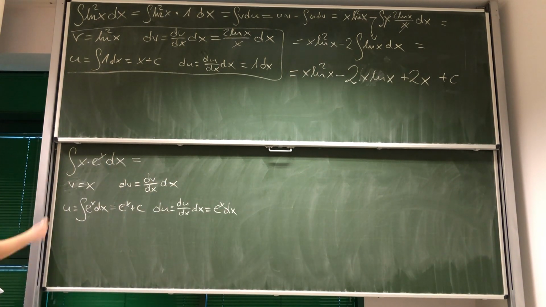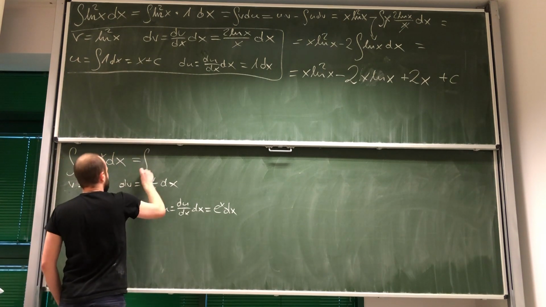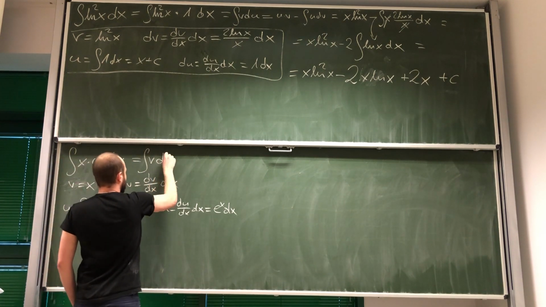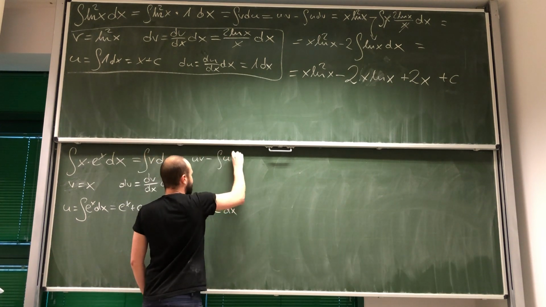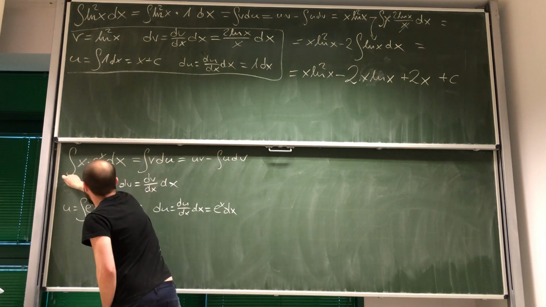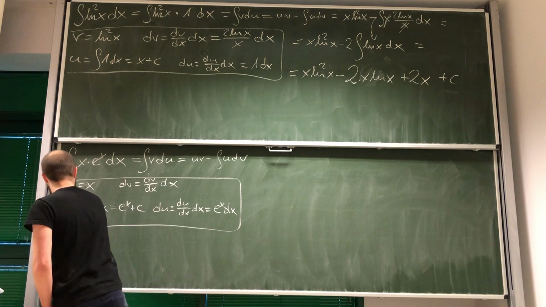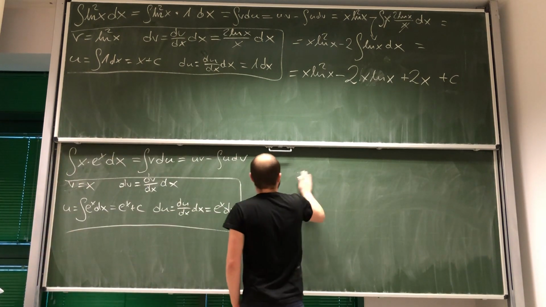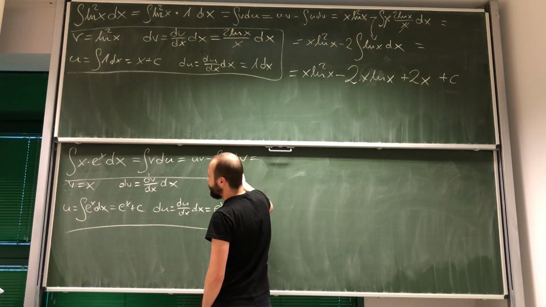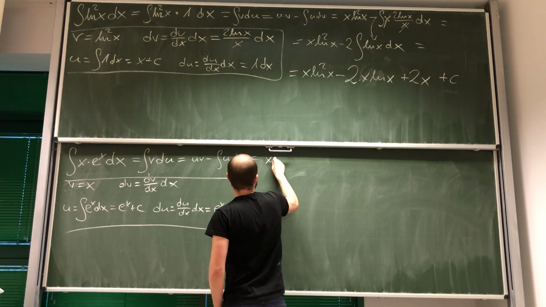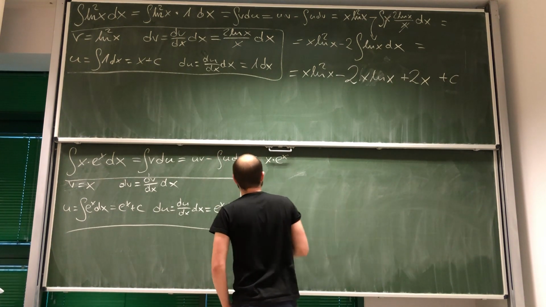Okay, so now we are ready to substitute. So we've got that this is integral v du, which must be equal to u times v minus integral u dv. Let me just put this over here. And so this is going to be x times e to the power of x.